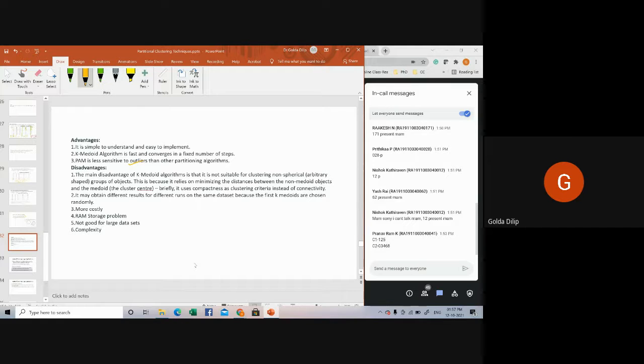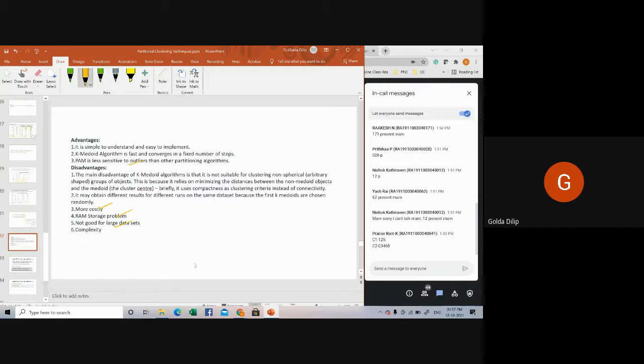The disadvantage is that it's more computationally expensive and not suitable for large data sets. Storage is a problem and it's computationally complex. It's also not suitable for clustering non-spherical groups of objects, that is, arbitrary shaped objects, because it believes in minimizing the distance between the non-medoid objects and the medoids, that is, the cluster center. These are the disadvantages.